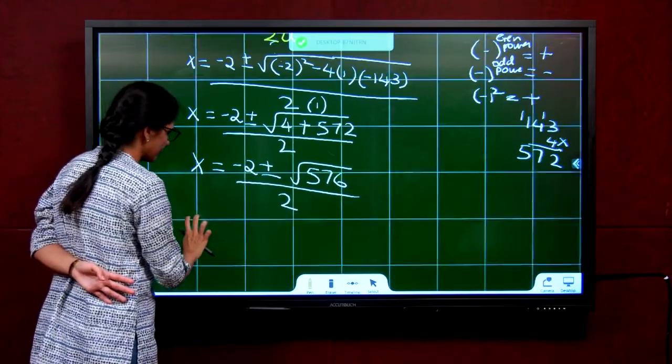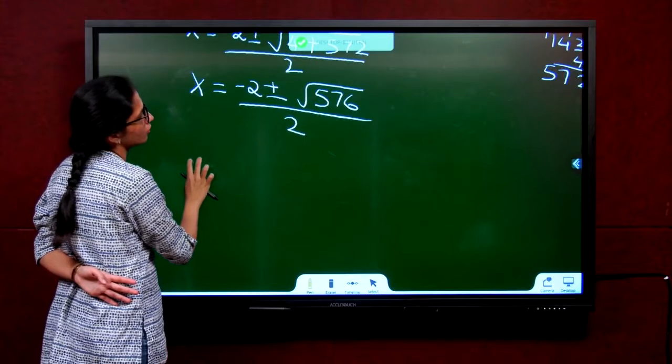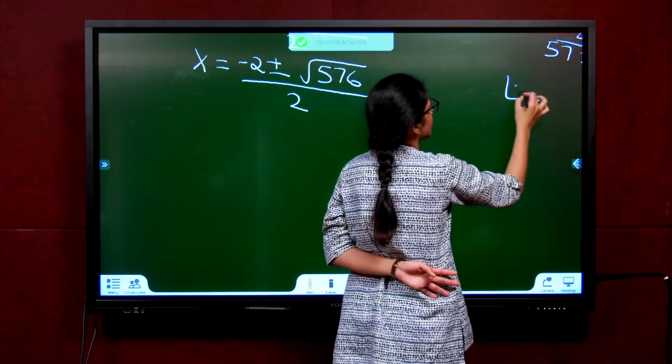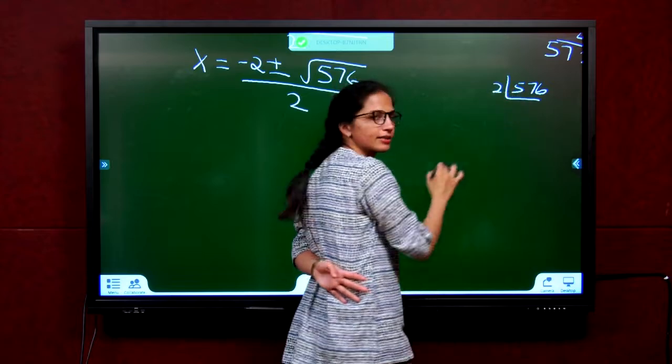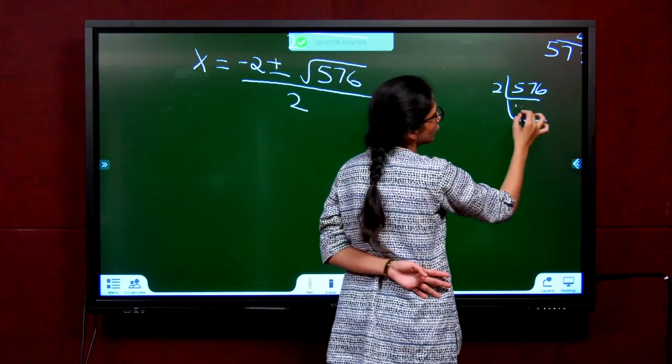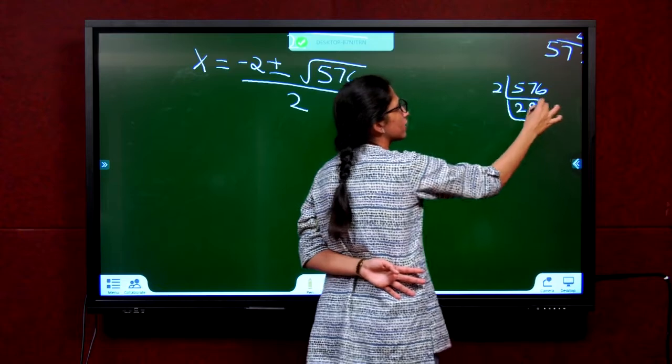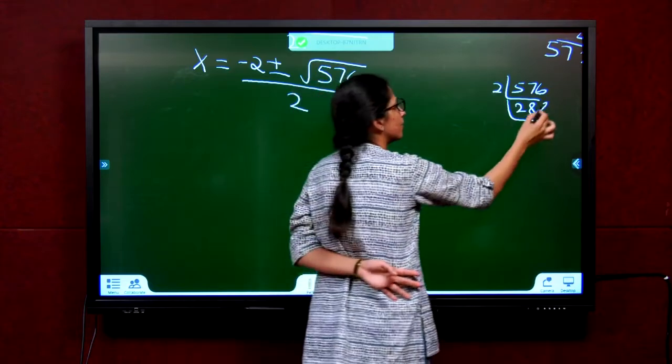Now I have to find the value of root of 576. So go for prime factorization. Take 576, goes with 2. 2 2s are 4. 2 8s are 16. Again 2 8s are 16.